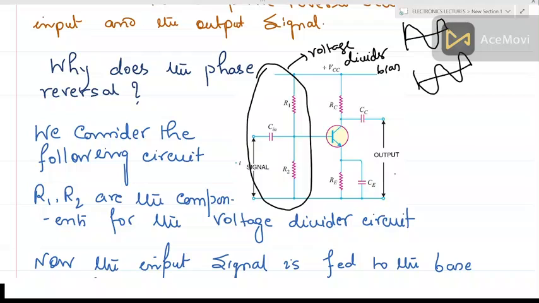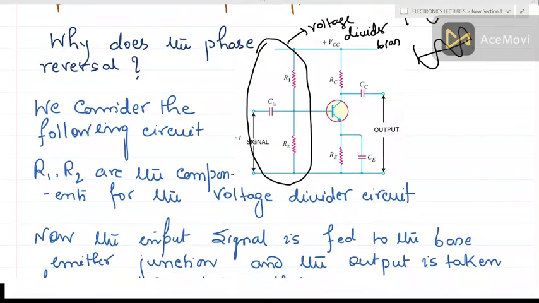And this is the best biasing that can be used in an amplification process, or in a transistor where we are focused on increasing or amplifying the signal. The stability factor is equal to 1. We have understood these things in the previous lecture. You can watch that lecture, which will be in the I button.